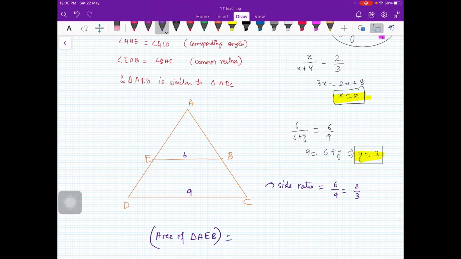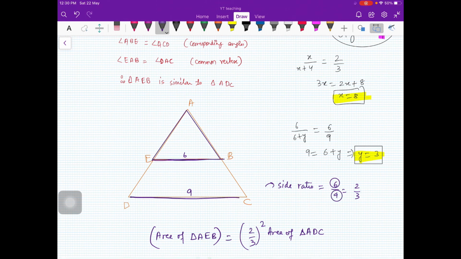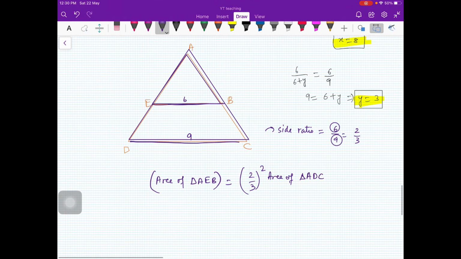So, area of triangle AEB is equal to 2 by 3 square times area of triangle ADC. You see students, here I have kept this side 6 in the numerator and 9 in the denominator. So, here also area of triangle AEB divided by area of triangle ADC will be 2 by 3 square, right?